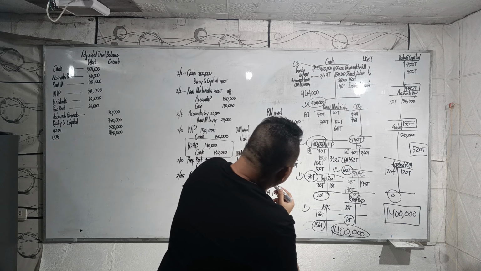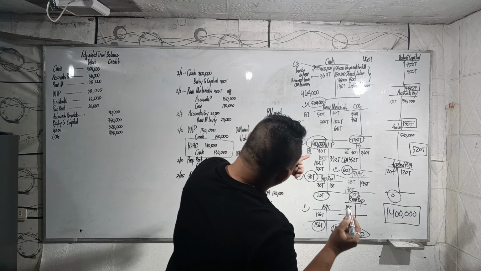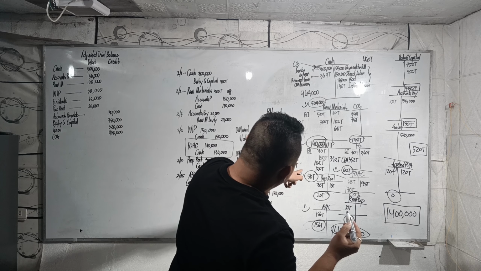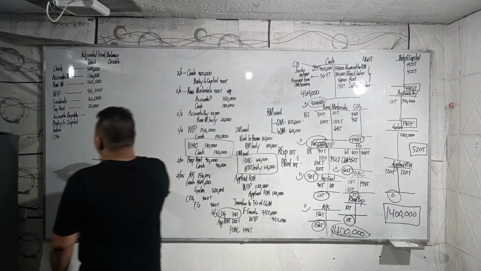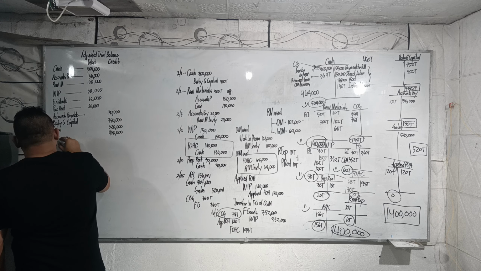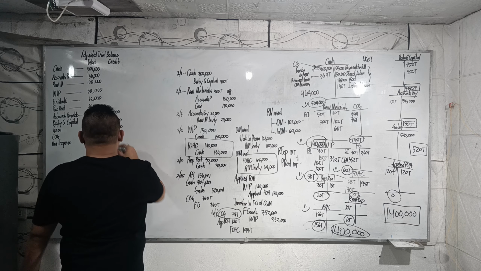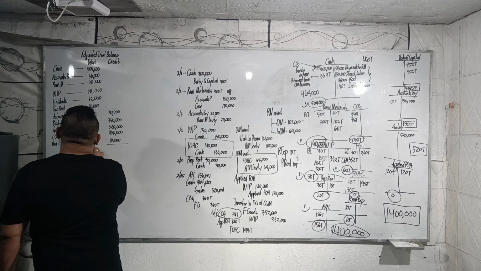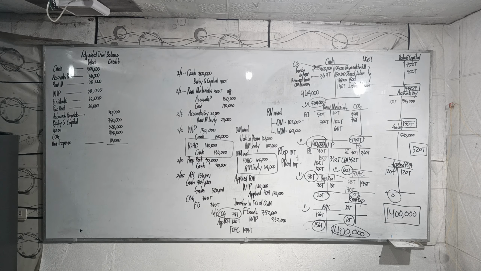And then aside from the cost of sales, you have rent expense as part of the operating expenses. So the rent expense is 10,000. Now let's check if ever they are balanced. Because I guess those are the only things that we need to consider.